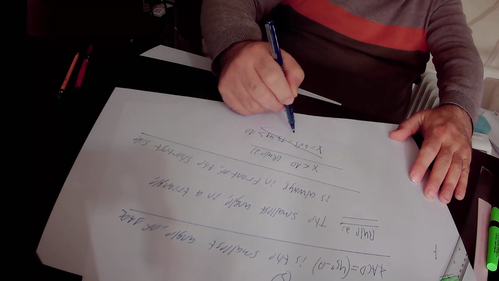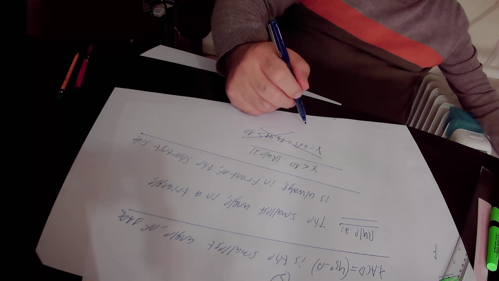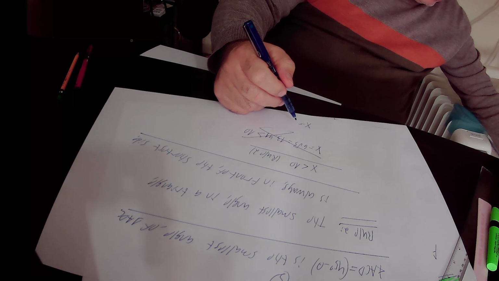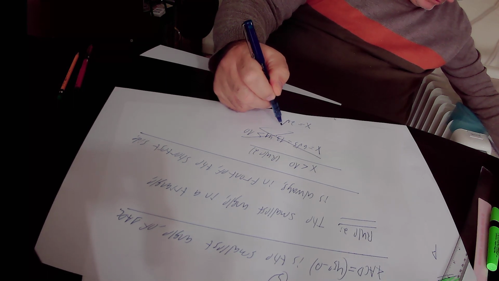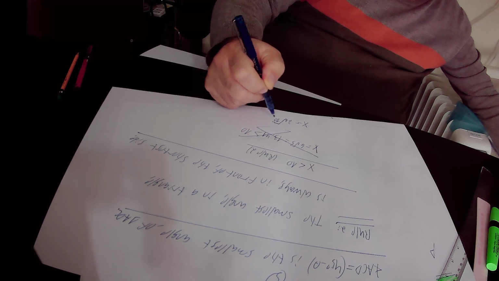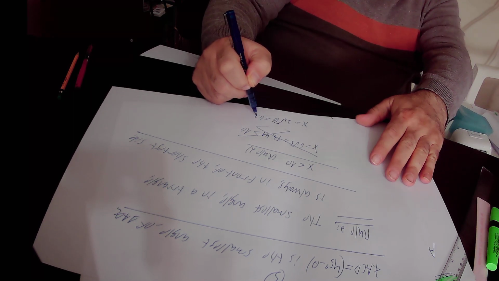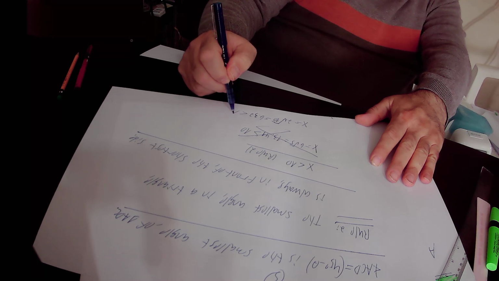We will cancel this solution and we are left only with the solution that X is equal to 2 times square root of 10. That is actually equal to 6.32 units, which is less than 10.